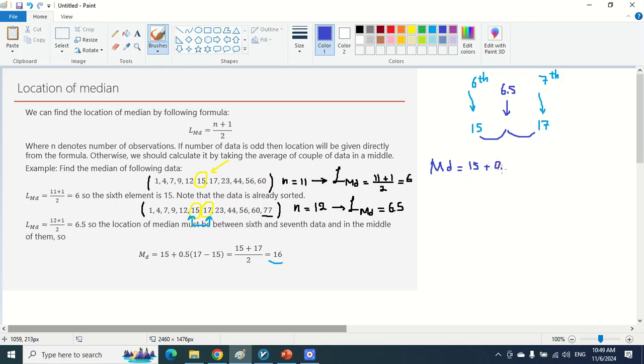This means we calculate the half multiplied by 17 minus 15. The difference between the 6th element and the 7th element is 17 minus 15. This is the distance between them. This distance is equal to 2, and we should go half of that distance to reach this point.